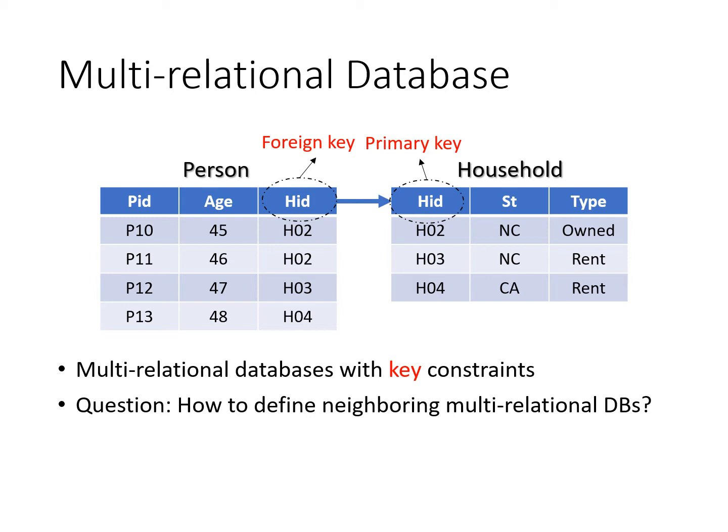In the given example, the house ID HID is the primary key in the household relation table, but HID is the foreign key in the person table. Then the real question is how to define neighboring multi-relational databases.